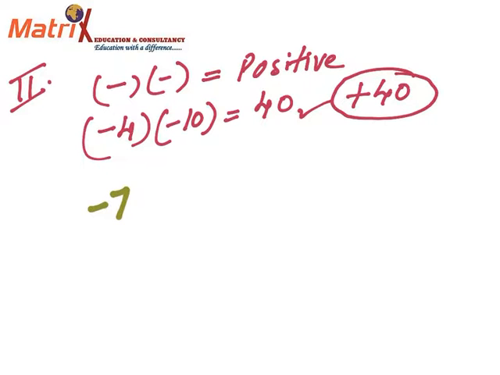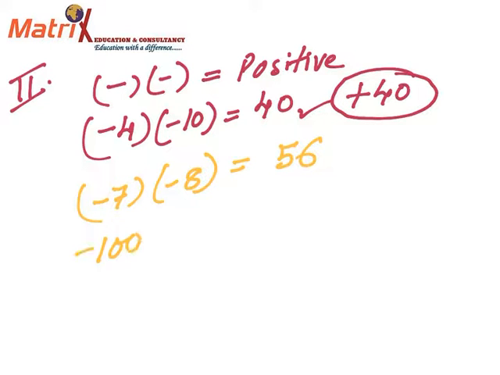I have negative 7 times negative 8. Answer is 56. The numbers can be large, the numbers can be small, but the rule will not change. I can take negative 100 multiplied by negative 1. My answer is positive 100.